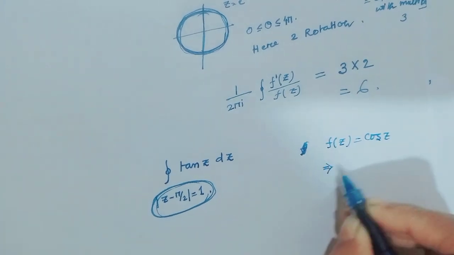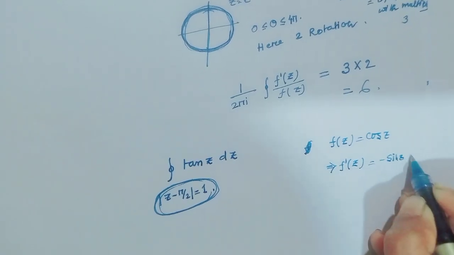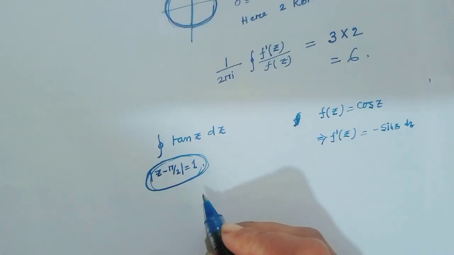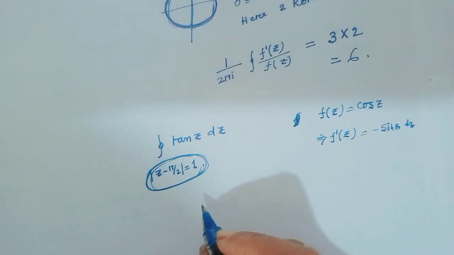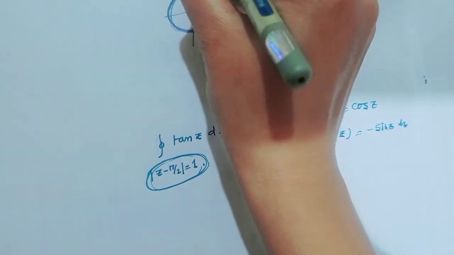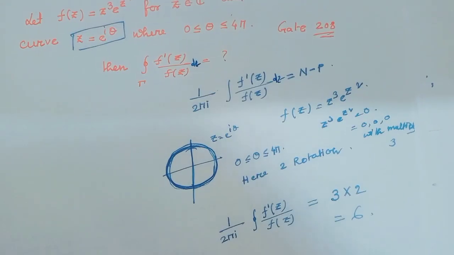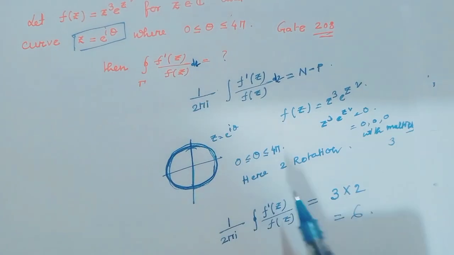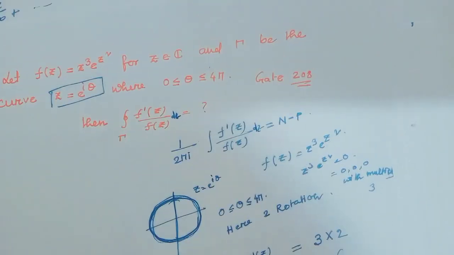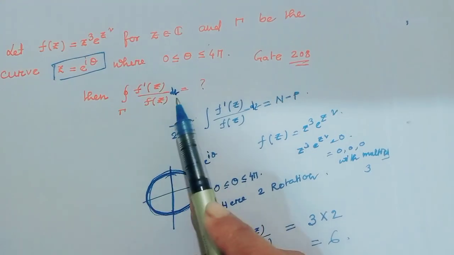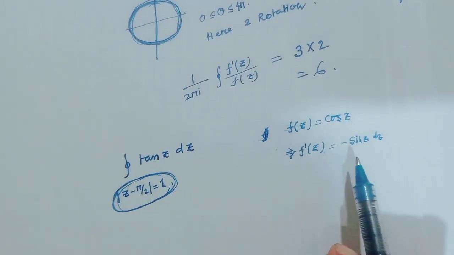That means f prime z equal to minus sin z. Here would be dz. I have done one thing wrong. Okay, here would be dz. Here f prime z equal to minus sin z.